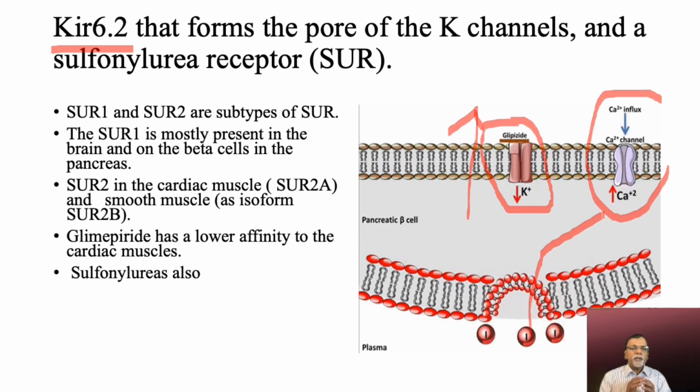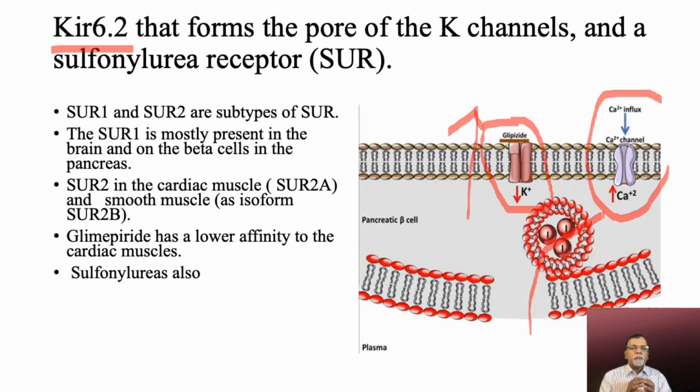The affinity of sulfonylureas to the SUR receptors varies. Glimepiride has a lower affinity to the cardiac muscle and so it is not associated with cardiovascular safety concerns. So that is the clinical relevance. Remember this point.